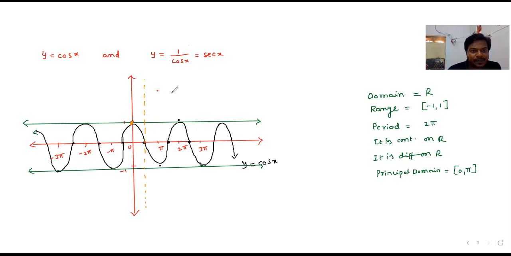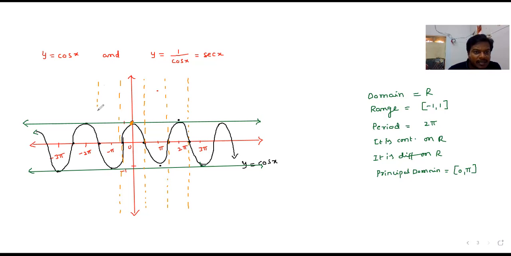And then at 3 pi by 2 also, it does not exist. Next, at 5 pi by 2 also, it does not exist. And here at minus pi by 2 also, it does not exist.